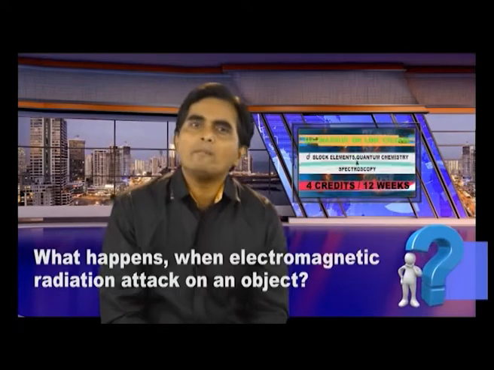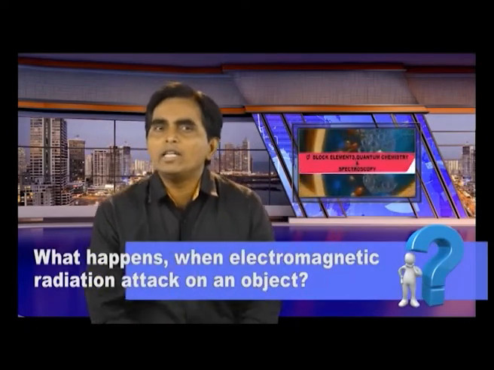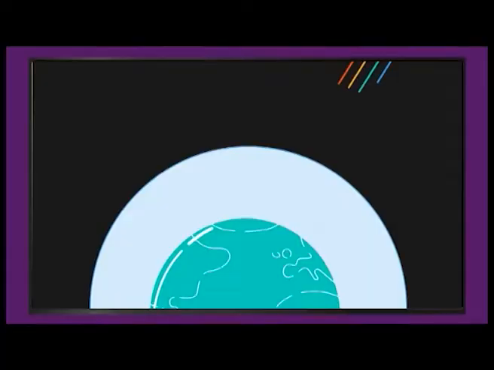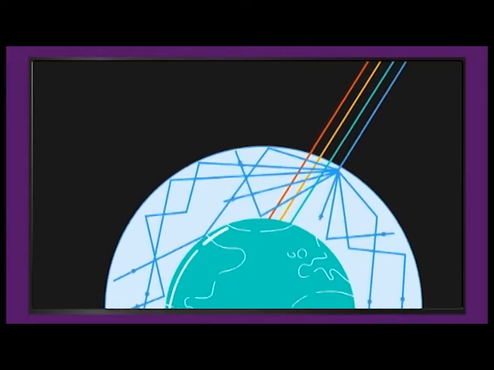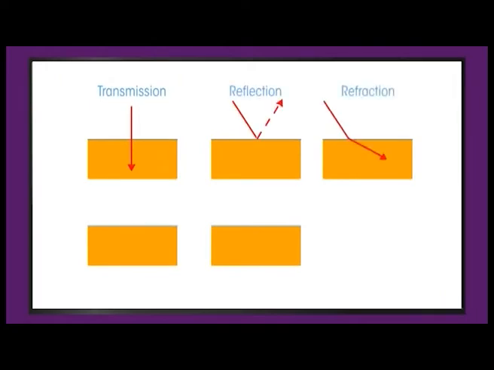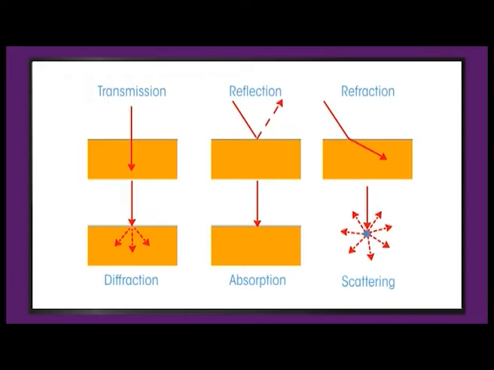But what happens when electromagnetic radiation attacks an object? When electromagnetic radiation attacks an object, it can get scattered, reflected according to some geometrical rules, or may get absorbed by the object. So radiation may be absorbed.